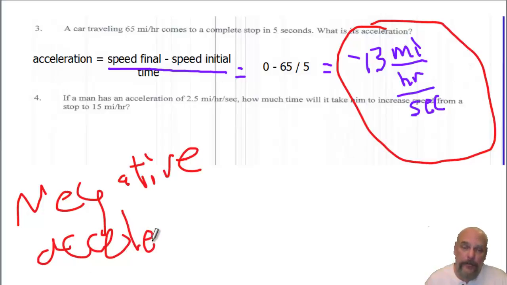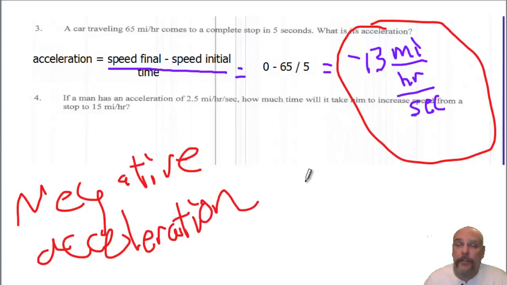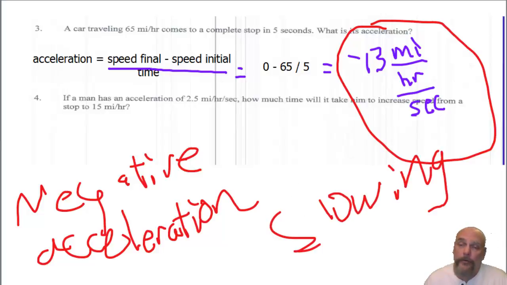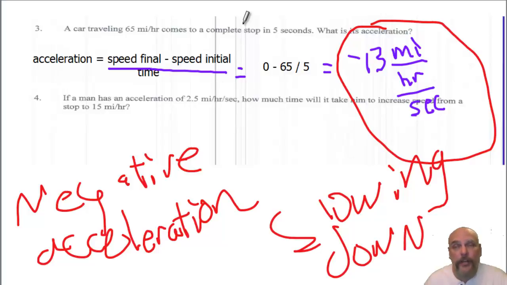What does negative acceleration mean? Negative acceleration means that the car is slowing down. So a good way to check yourself is that you know the car is slowing down, so you should end up with a negative acceleration, negative 13.